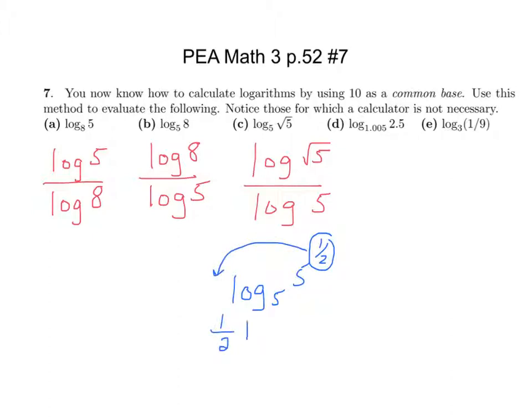So we got 1/2 log base 5 of 5. And what would log base 5 of 5 be? 1. That's just saying 5 to what power gives you 5. So whenever these two are equal, it's just 1. So that would be 1/2 times 1, which is 1/2.